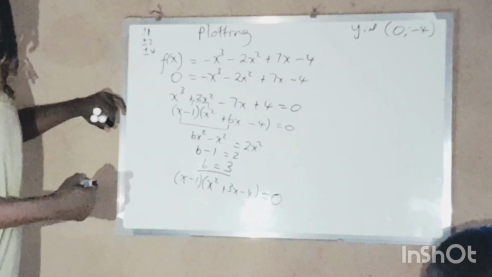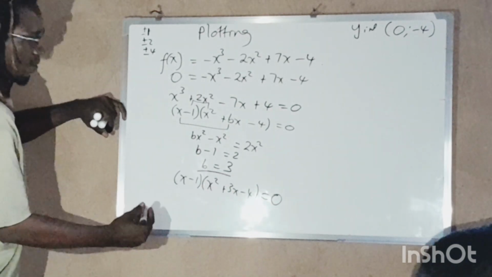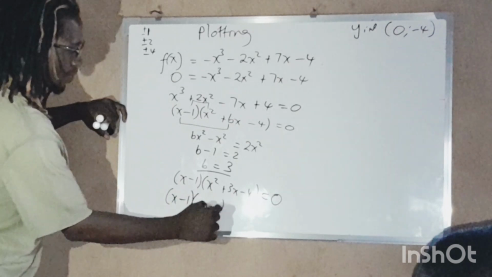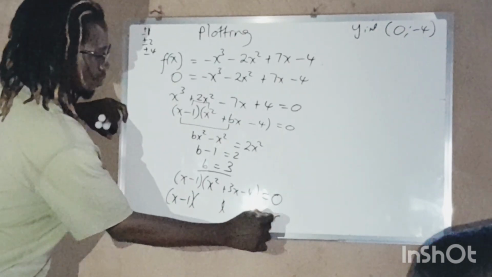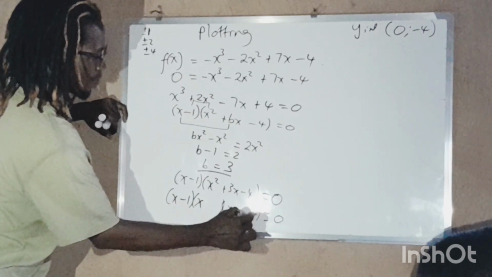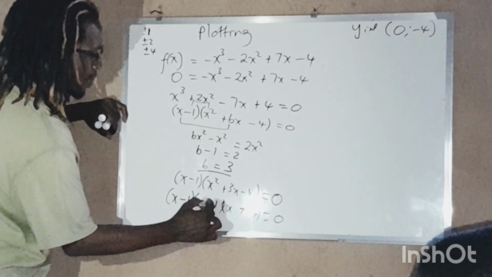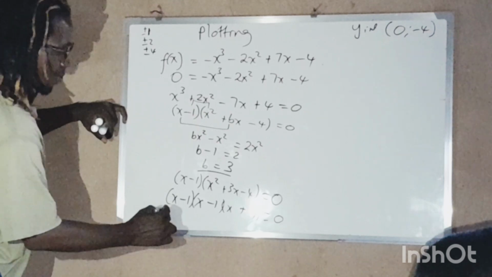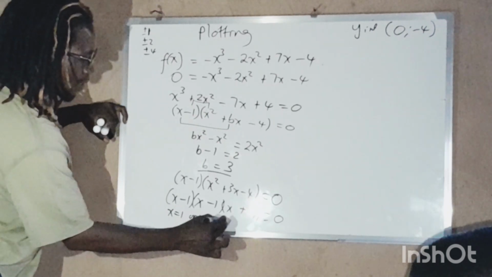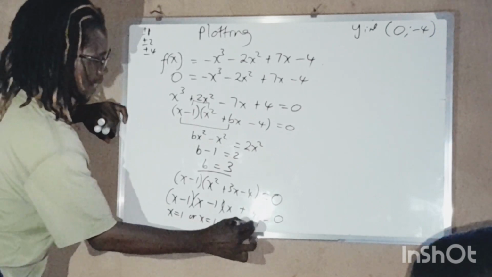So it means that now we can factorize the second bracket, which is the quadratic, right? It's equal to 0. So it means that our x is equal to 1, our x is equal to 1, our x is equal to -4.